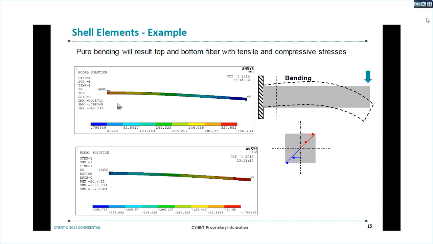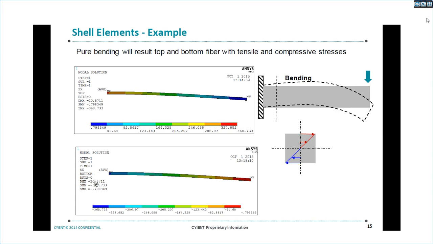So now we try to extract stresses at the top and bottom fiber. Okay, if you see the top fiber, we extracted Sx, the directional stress along the length, and we got 368 tensile stress. Okay, here it says Sx in top fiber.